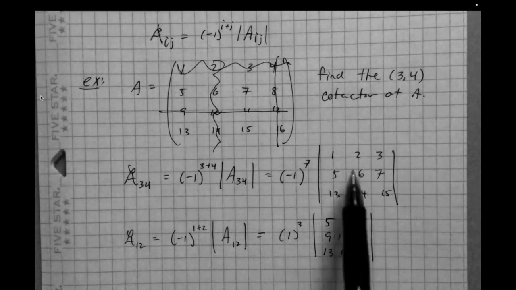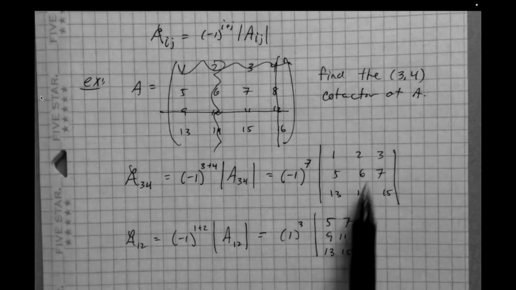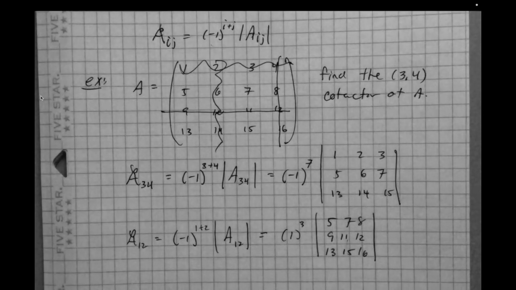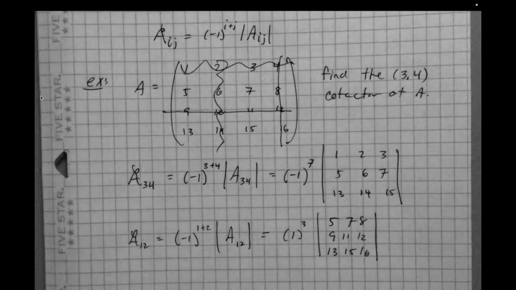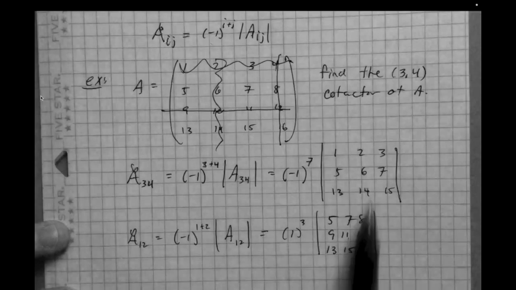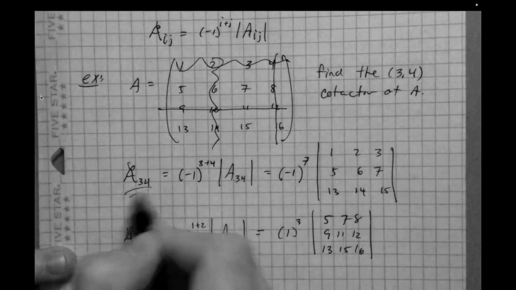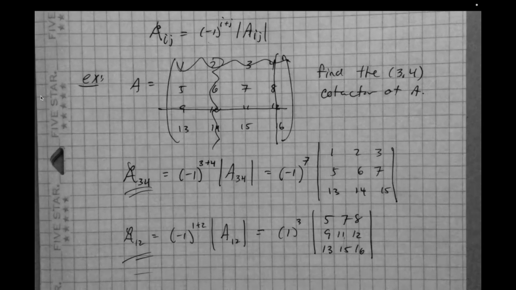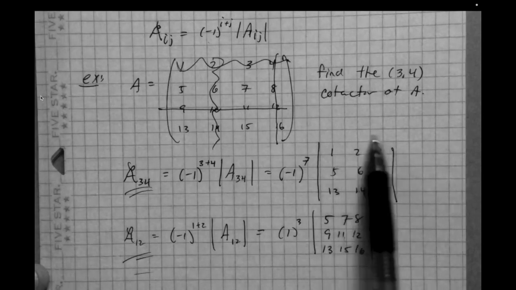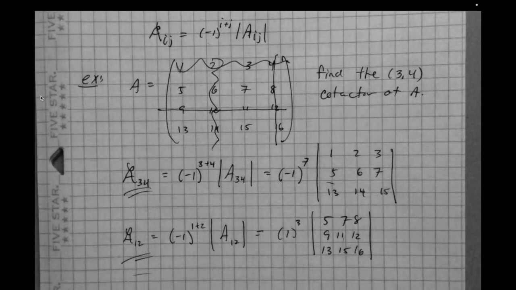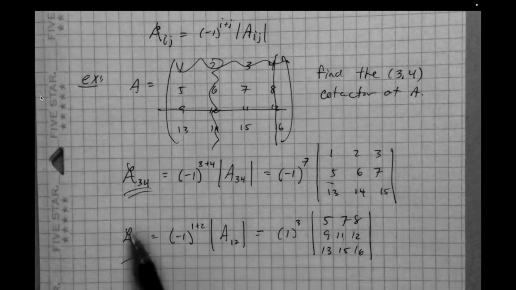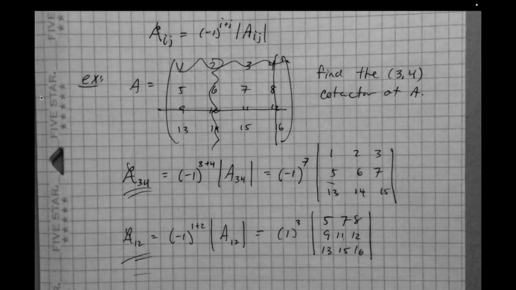These are 3x3s, so you can calculate those determinants using the basket weaving approach if you like. I'm not doing it in the interest of time, but the focus here is just the structure of these cofactors and extracting them from a matrix, not actually calculating the 3x3. That was 25 minutes ago. Now we're on to something else. So that's the idea here.